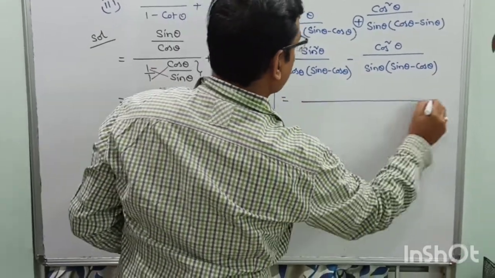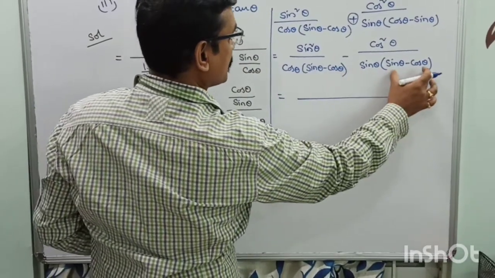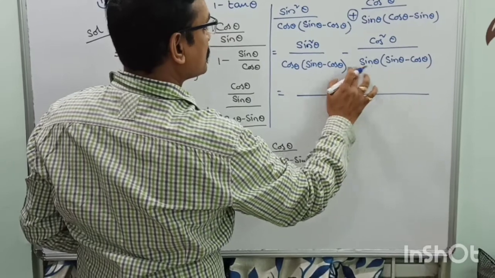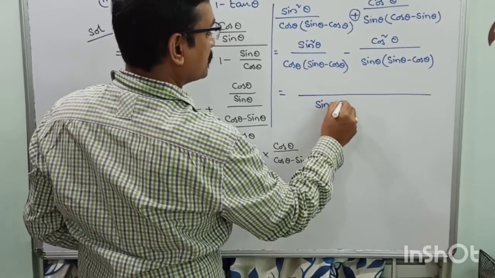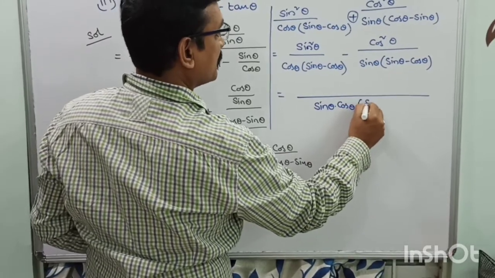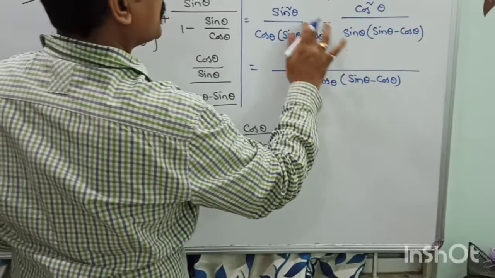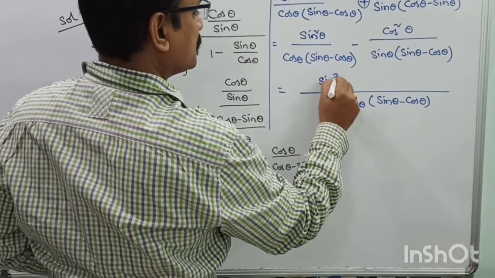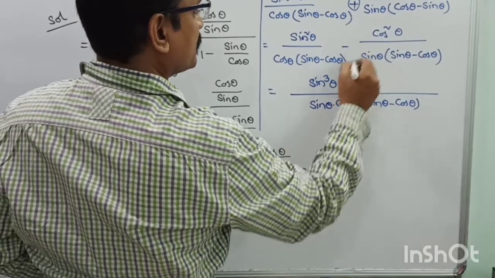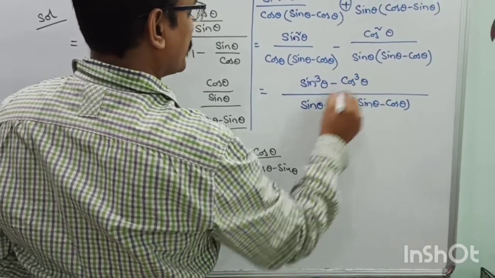Now find the LCM. So the common term is sine theta minus cos theta, leftover terms sine theta into cos theta. So we can write here sine theta into cos theta, common term we have to write only one. Now sine square theta into sine theta is sine cube theta, cos theta into cos square theta is cos cube theta.